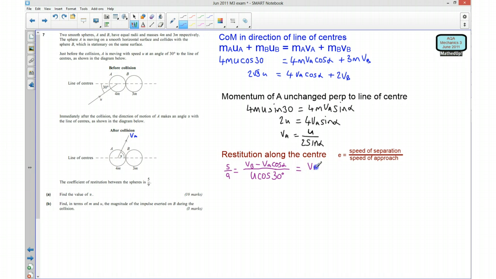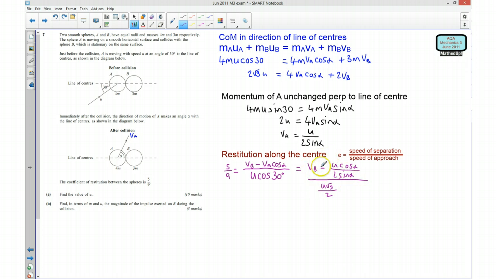So I'm going to say VB take away u, we're going to do VA times by cos alpha, so it's going to be u times cos alpha over 2 sine alpha, so u cos alpha over 2 sine alpha, but all of that over u cos 30, and cos 30 is root 3 over 2, so it's going to be u times root 3 over 2.